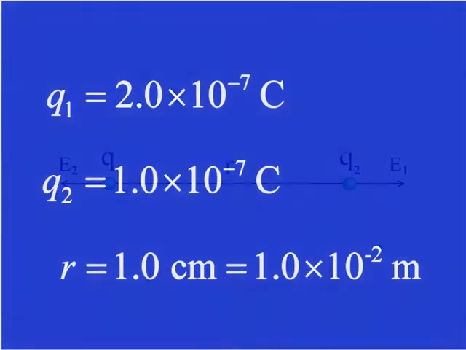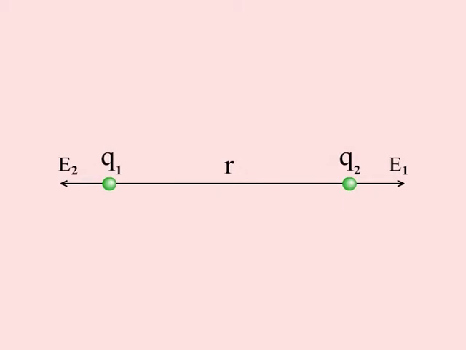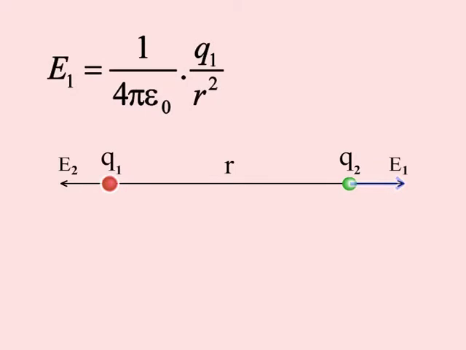Then, the electric field at the site of a charge will be the electric field produced by the other charge. Therefore, electric field due to the charge Q1 at the site of Q2 would be E1 equal to 1 upon 4 pi epsilon naught into Q1 upon R square.